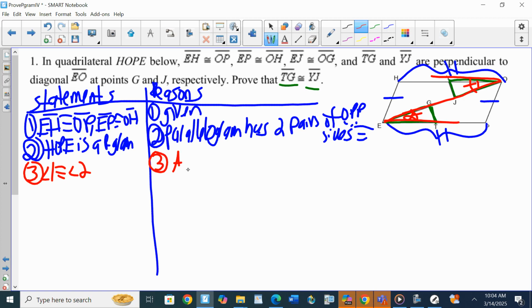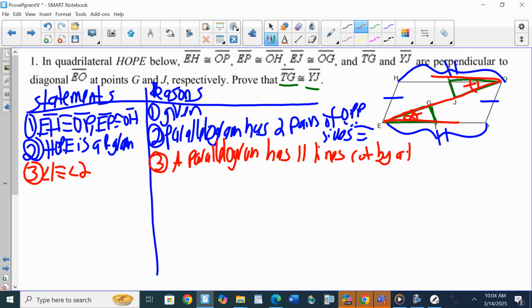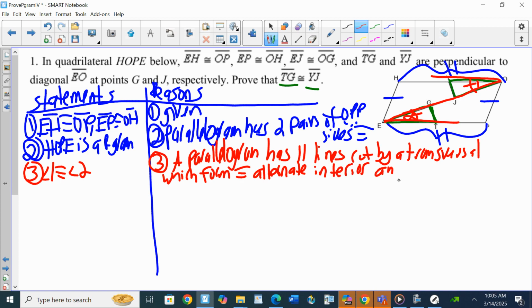A parallelogram has parallel lines cut by a transversal which form congruent alternate interior angles. We did a whole lesson just on this, just on given it's a parallelogram, proving congruent alternate interior angles.